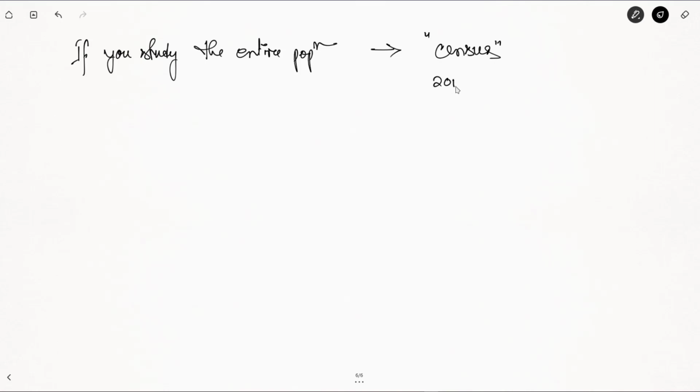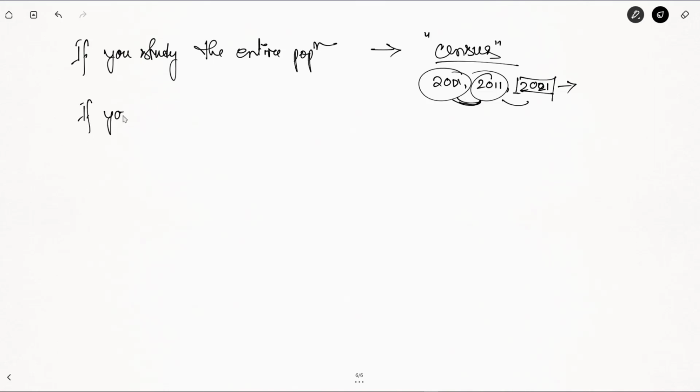It was done in 2001, it was done in 2011, and it will be done provided the situation improves, or it will be delayed. But at the end of every 10 years, the Indian government, or to be precise, the Registrar General of India, studies each and every citizen of this country, and that is called Census of India. So census is studying the entire population.